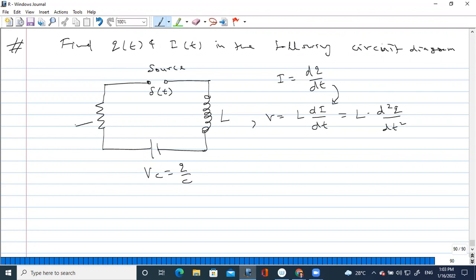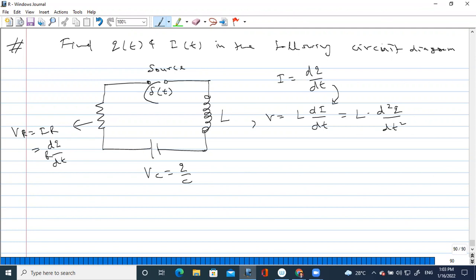Done. Third is the resistance. At the resistance, V_R is how much? i into R. i is already dq/dt, into R. Okay, so these are the drops.